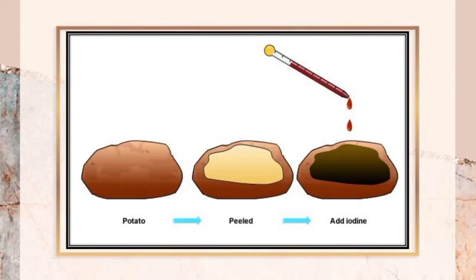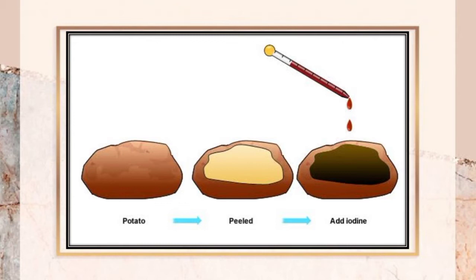Now let's understand an experiment. Aim: to test for starch. Things needed are potato, a dropper, and iodine solution. Method: first step, slice a potato into two.